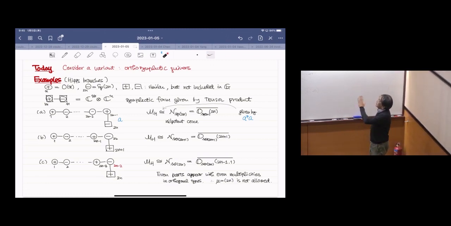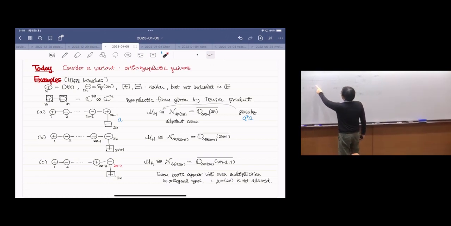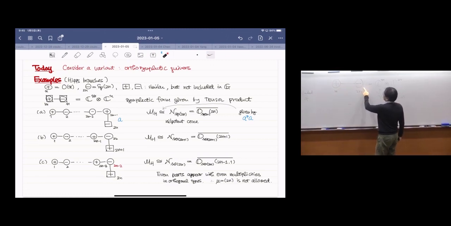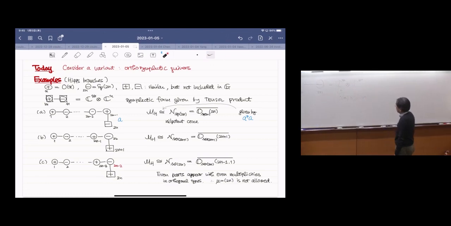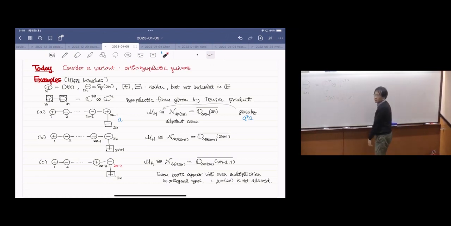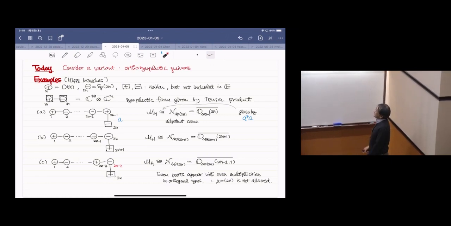Then this is a symplectic vector space. The plus vertex has a symmetric bilinear form, and for the minus we have a symplectic form. As a tensor product, this is a symplectic vector space, and this is a symplectic representation of this group. So I have M and G from that.